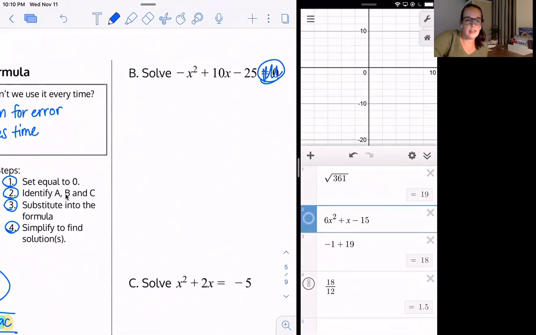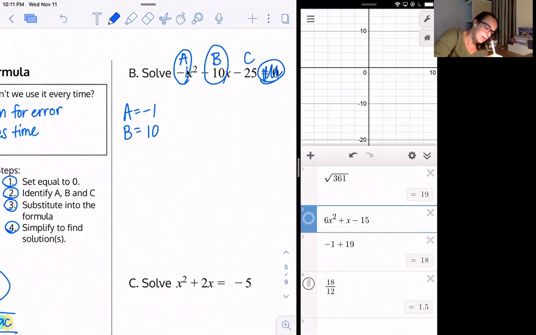We're going to identify A, B, and C. Remember that A is first, B is next, and C is after that. A is negative, remember that imaginary 1 there, so A is negative 1, B is positive 10, C is negative 25.